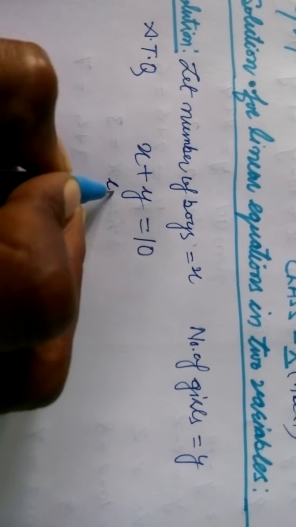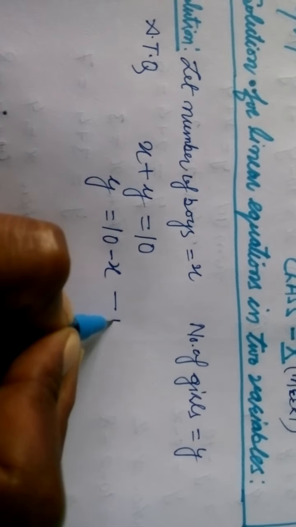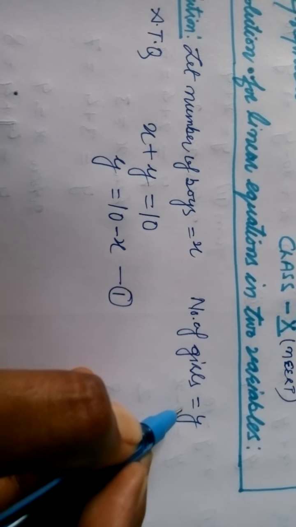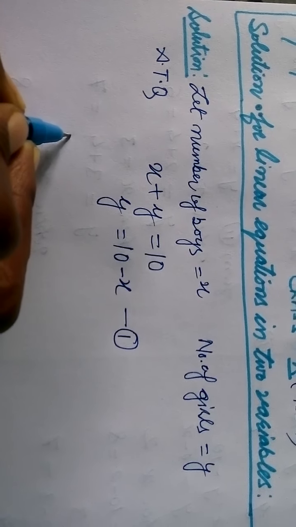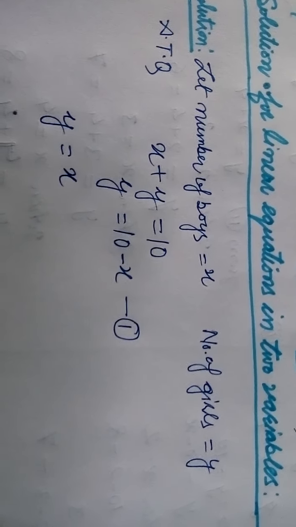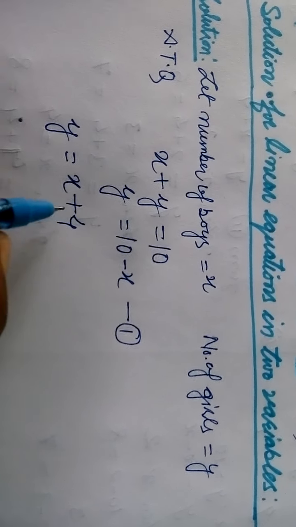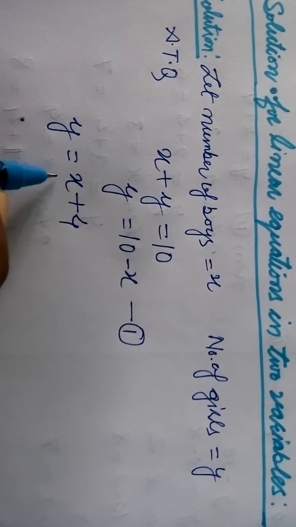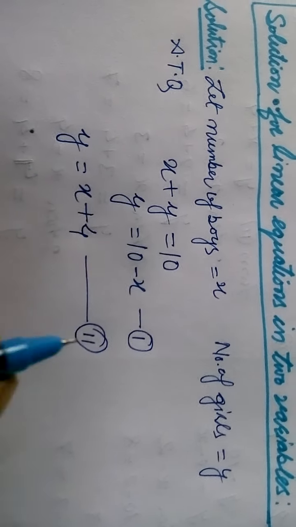So I can write y is equal to 10 minus x. And the second condition was that girls were 4 more than the boys. That means girls are y and they are 4 more than the boys, so I can write the equation like this.